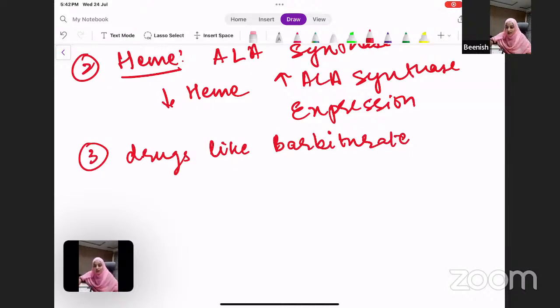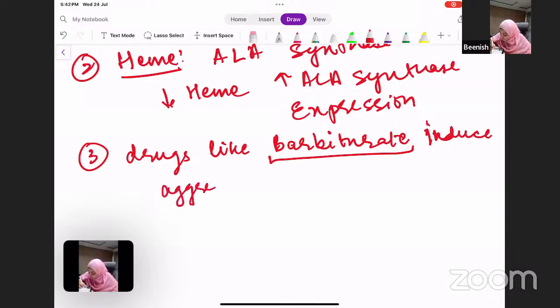They also enhance your heme synthesis. Okay. So drugs like barbiturates also induce heme synthesis, or in other words, they aggravate porphyria.